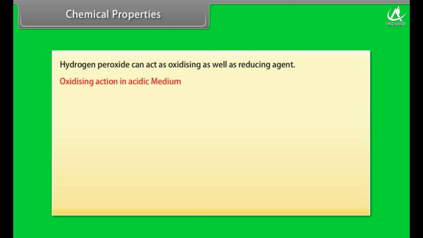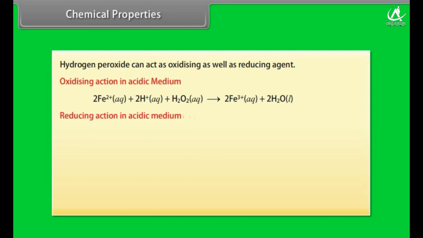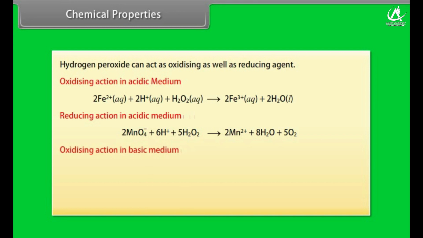Oxidizing action in acidic medium. Reducing action in acidic medium. Oxidizing action in basic medium. Reducing action in basic medium.